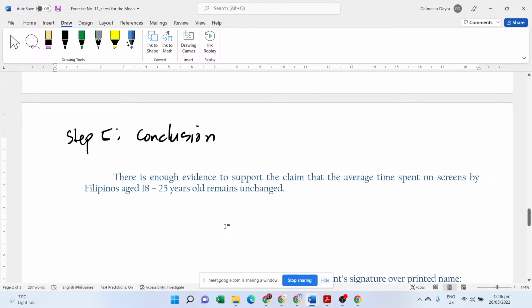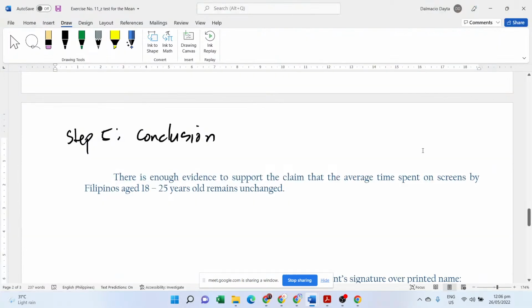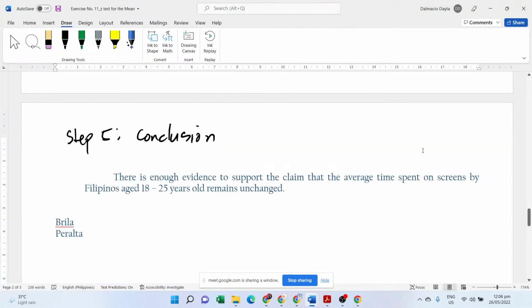Wait lang, no? With section B last time, hindi na kami nag-relay. Kinuha ko na lang yung mga nag-recite, and if my memory is correct, naalala ko, ito ba si Brila nag-recite, sino pa? Si Nixon, Peralta, sino pa? Si Corpus, tama ba ako?